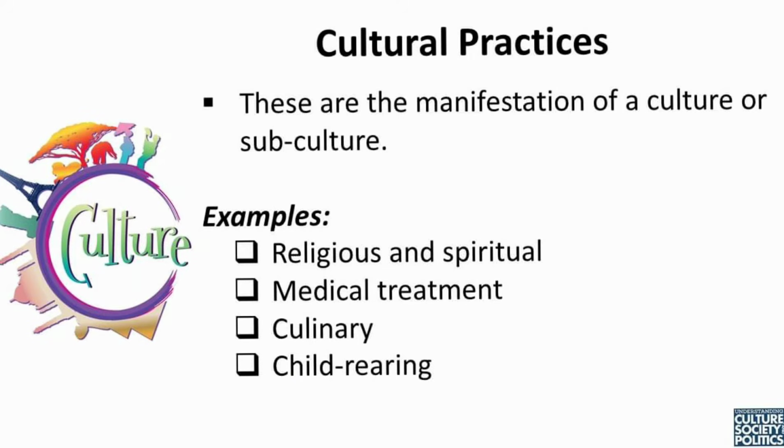Cultural practices are the manifestations of a culture or subculture, especially concerning the traditional or customary practices of a particular ethnic or other cultural groups. Examples of these cultural practices are religious and spiritual, medical treatments, culinary, and child rearing practices.